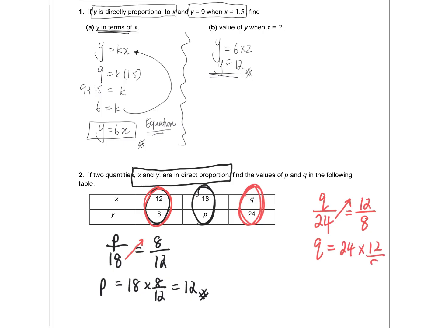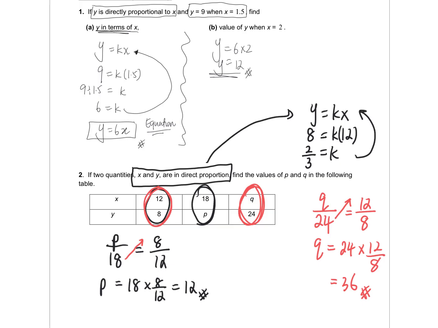So this one I no need to find formula. I can straight away find, because question never asked me to find formula. I can save some time. Okay, but if you want to find formula also can. So if you are finding formula, you can tell me y is kx, then this is 12, this is 8, so 8 divided by 12 is 2/3.